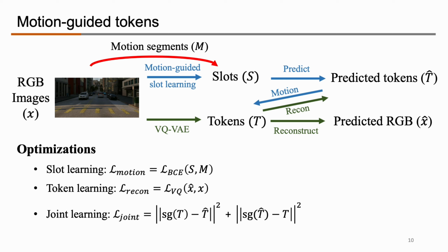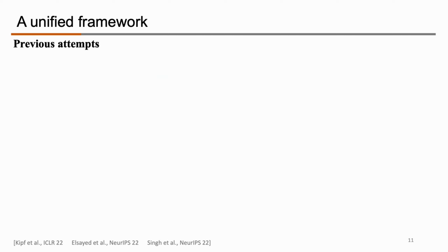Combining with motion cues, the motion-guided tokens will provide a mid-level structured reconstruction space, which can represent boundaries and surfaces of the input images.